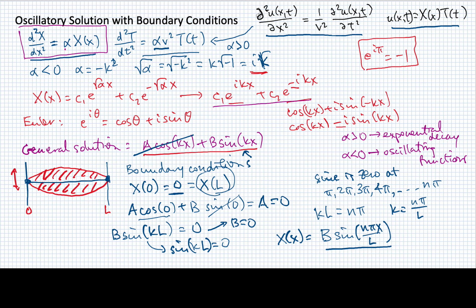So it's going to be a slightly different constant multiplying time than the constant we have multiplying x. But this gives you an idea of how one can solve, using the separation of variables, a classical wave equation, an ordinary differential equation form, and get oscillatory solutions, and using the boundary conditions specify something much more specific.